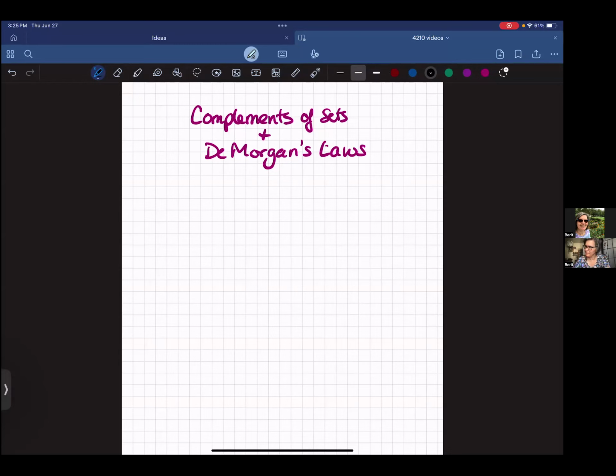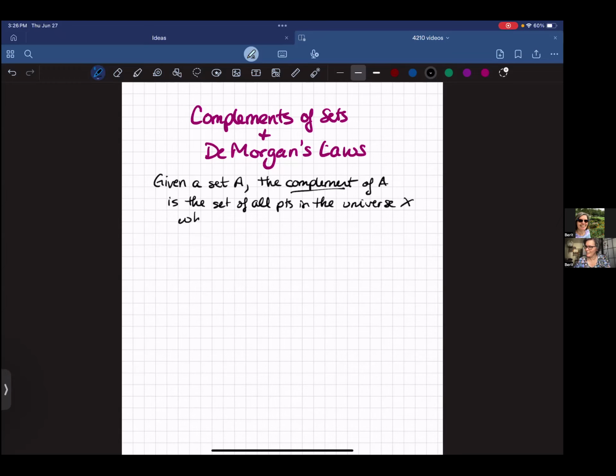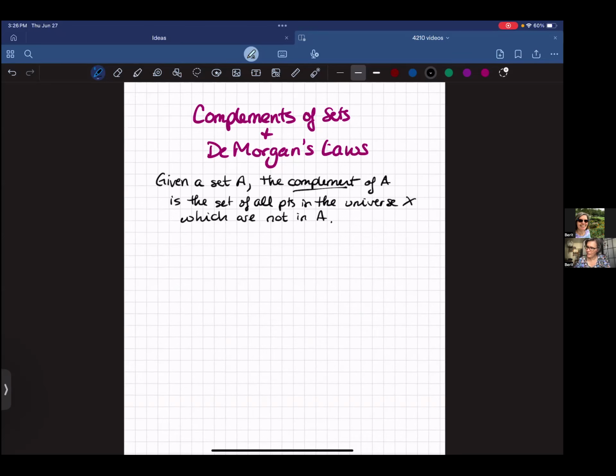Given a set A, the complement of A is the set of all points in the universe, which I'll say X, which are not in A. So as a Venn diagram, I have my universe X and my set A, and the complement is all of the things that are outside.